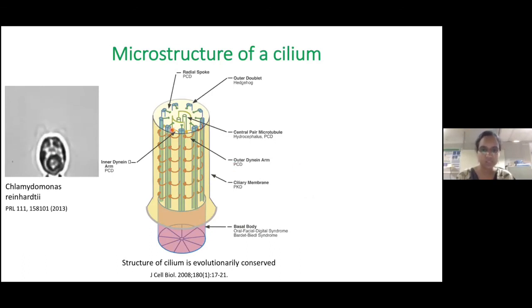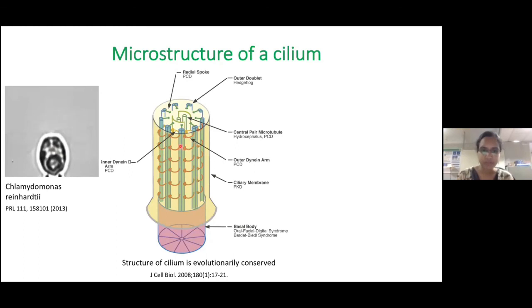The core structure of the cilia is what is called a 9+2 arrangement of microtubule doublets. Microtubules are these rigid rods shown in blue here, and they form a ring-like structure surrounding a pair of microtubules at the center.